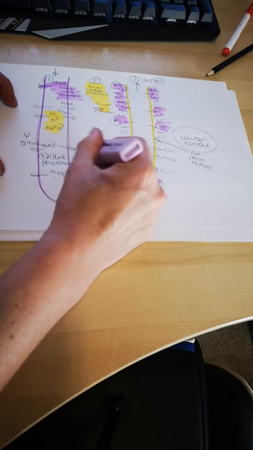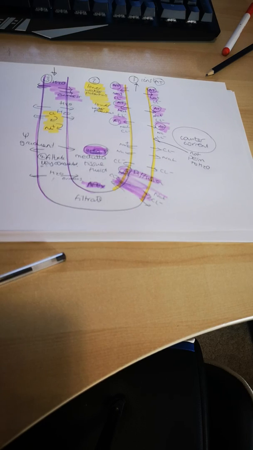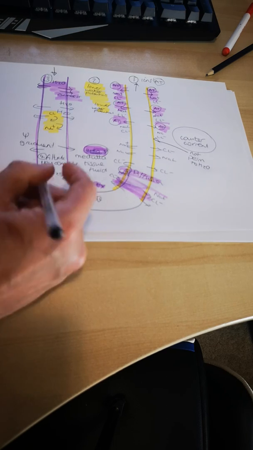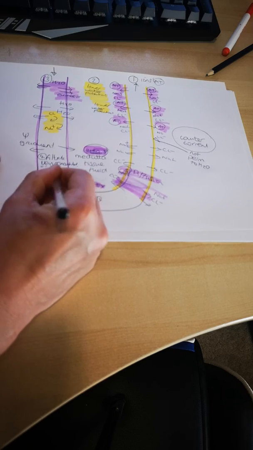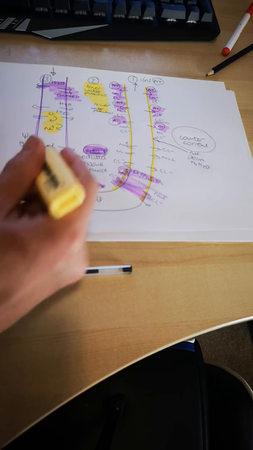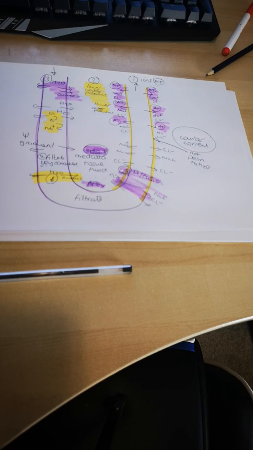Okay, and that means that water will still move out here. Okay, so it's called a countercurrent multiplier, and it ensures that we reabsorb the maximum amount of water we possibly can from the filtrate in the loop of Henle.